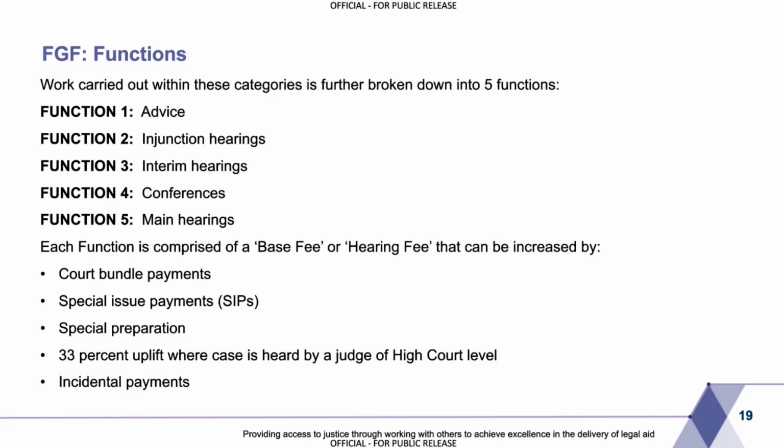Now, function 3 relates to interim hearings and advocates meetings. This is built up in multiple function units. The function units are built up in 2.5-hour units, from either the time the hearing was listed to commence or the time that counsel was ordered by the judge to attend if they were required by the court to attend earlier than the hearing listed time.